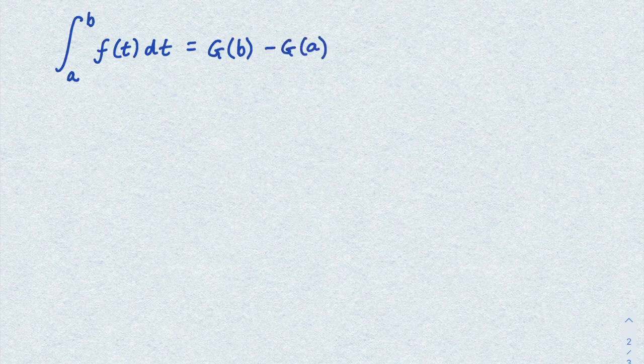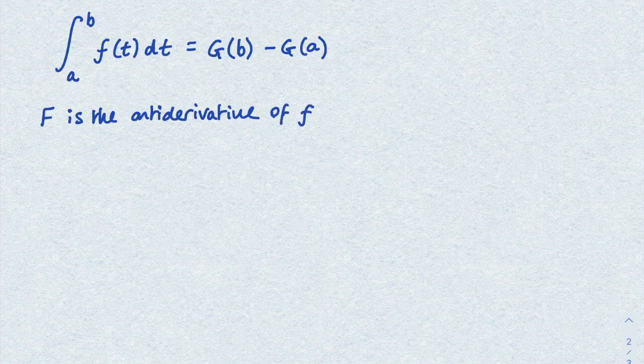So we know that uppercase F is the antiderivative of lowercase f. And in order to prove this theorem, we're going to introduce another antiderivative G. So suppose G is another antiderivative.